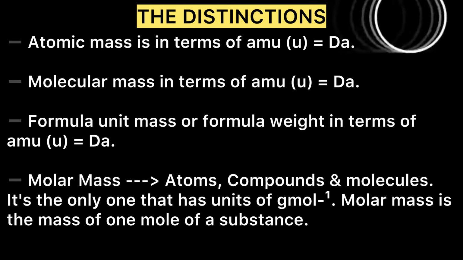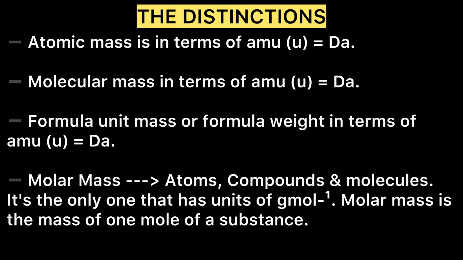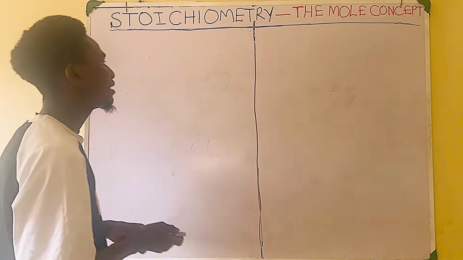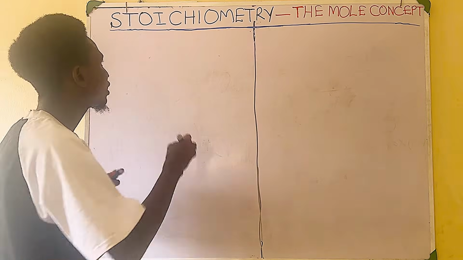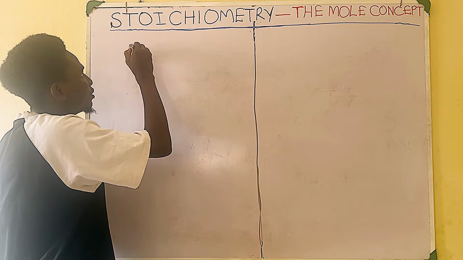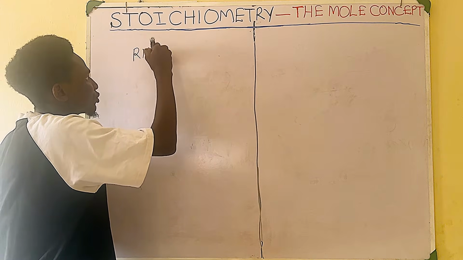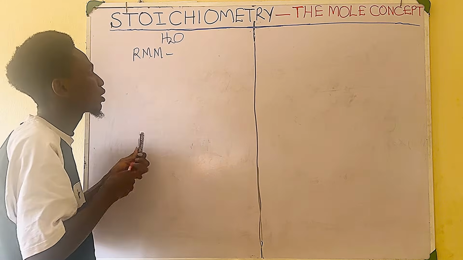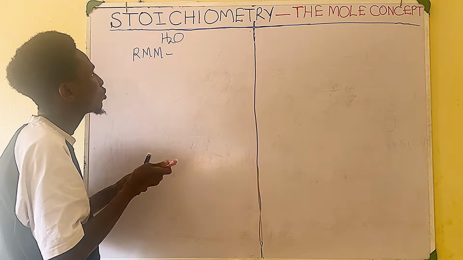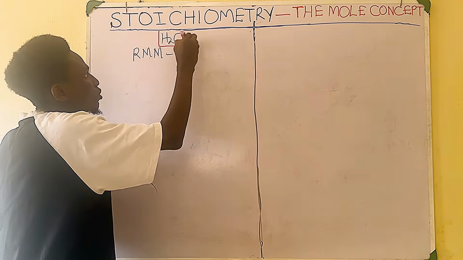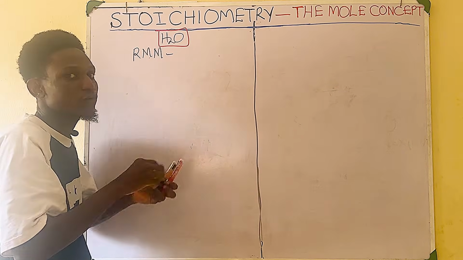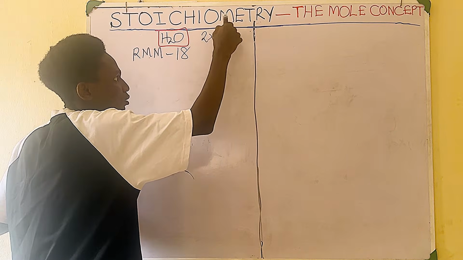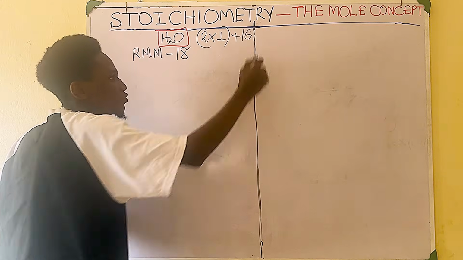Now, let's look at the numerical value. That observation shows us that they have the same numerical value. Take for instance, let's write the relative molecular mass. H2O is a molecule and a covalent compound. The relative molecular mass of H2O is 18. You know that H is 2 times 1 plus 16, so that gives you 18.